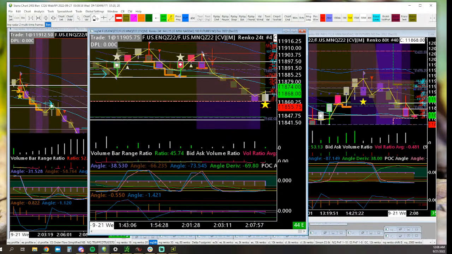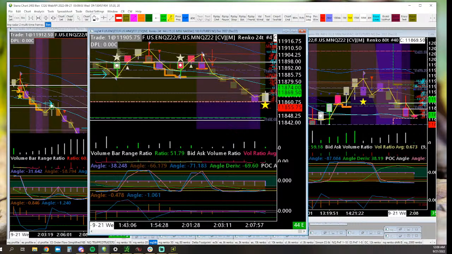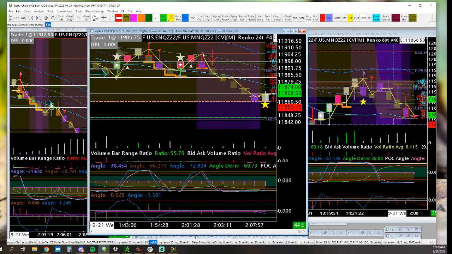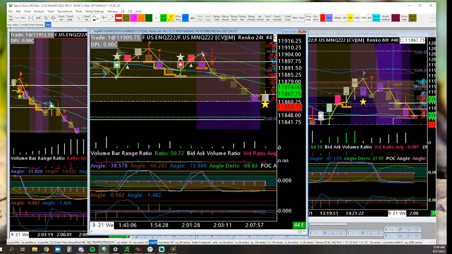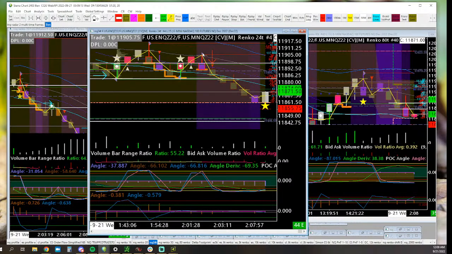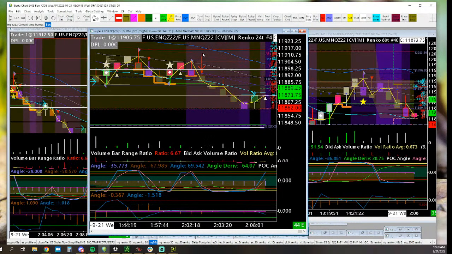Right now, the location is so-so, but the conditions are not there for a long. So even if the algo tells me that there's order flow that looks strong to the long side, I would not be a buyer. It doesn't mean the market's going to go lower, though.